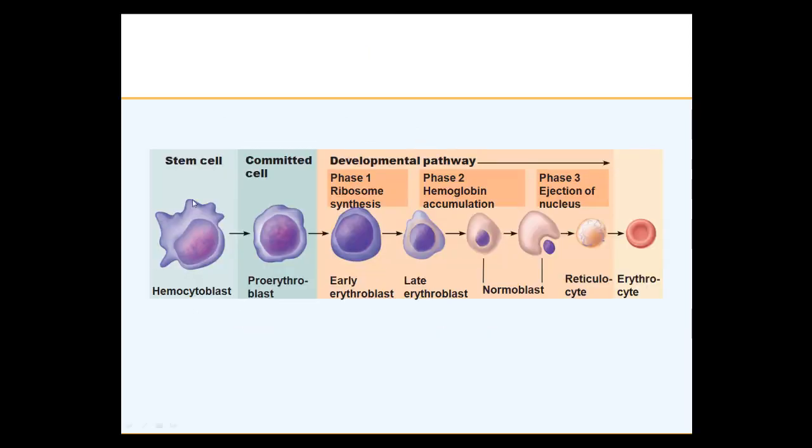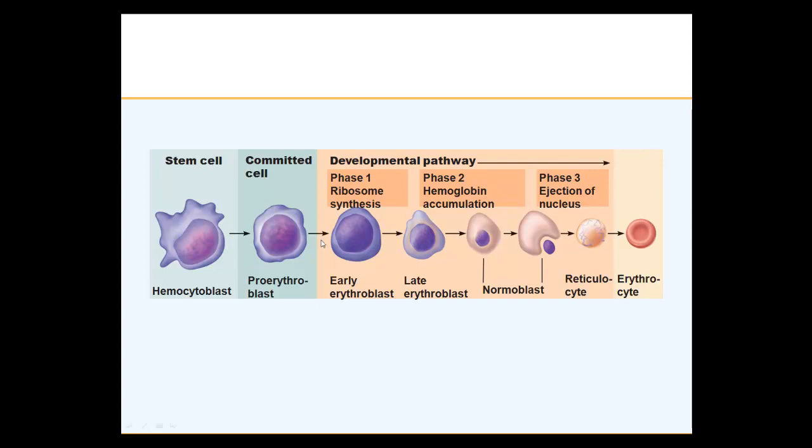As you see here, here is the pluripotent stem cell, and if it gets committed to become pro-erythroblast, the pro-erythroblast will become early erythroblast, and then late erythroblast, and you will see that the nucleus is being spit out, then it becomes a reticulocyte when you spit out the nucleus, as you can see, and then all the organelles inside will start breaking apart until you get into the biconcave shape that we are all familiar with, the erythrocyte.